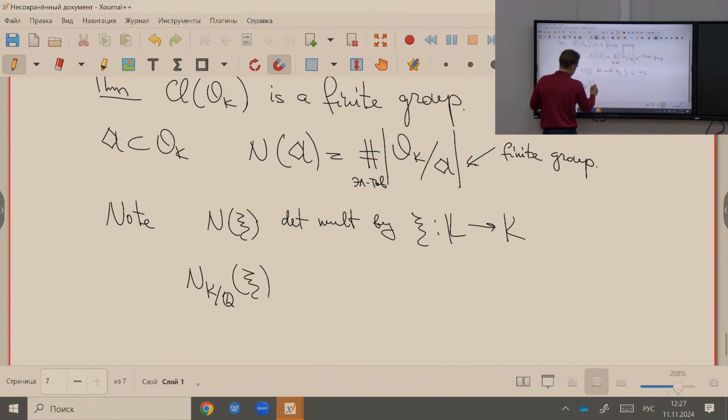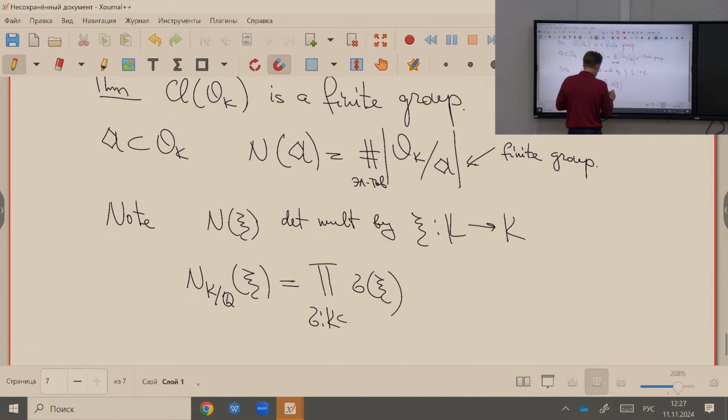We had a formula that defines this as a product over all the inclusions sigma of K into the algebraic closure of K, of sigma of psi.